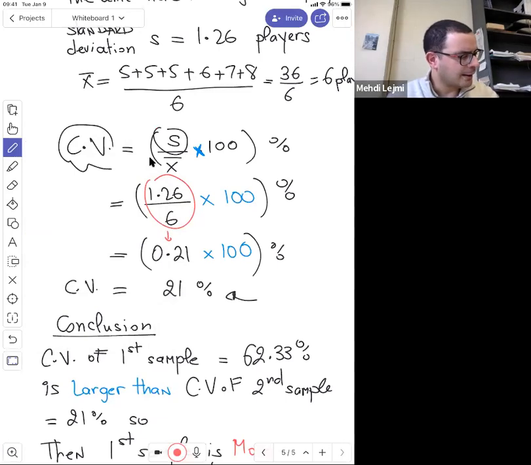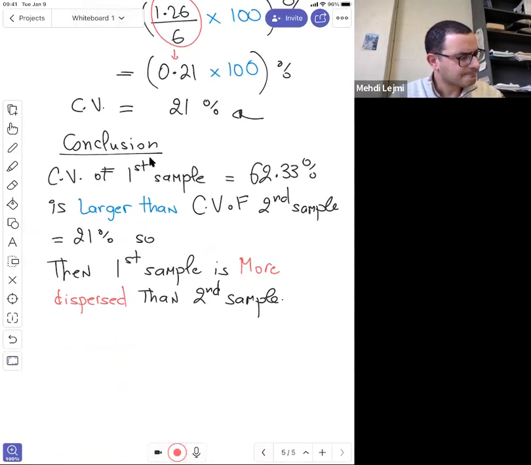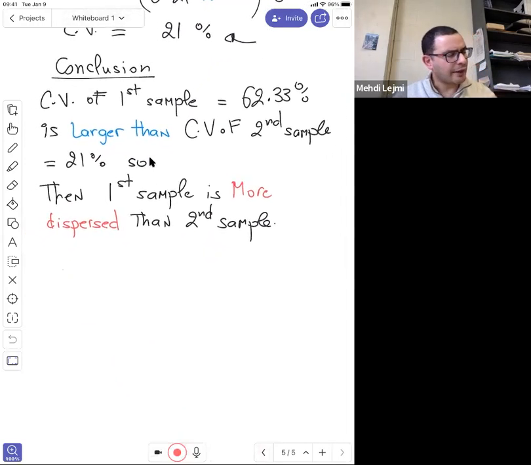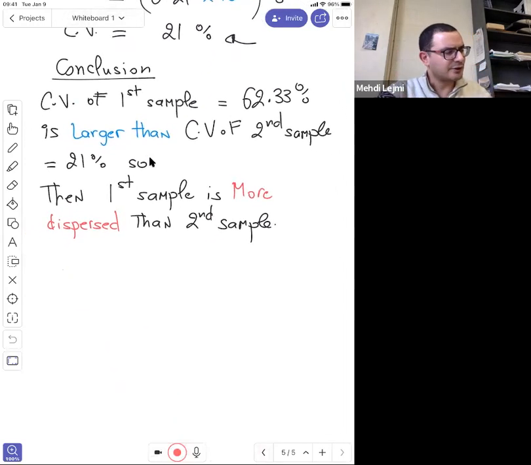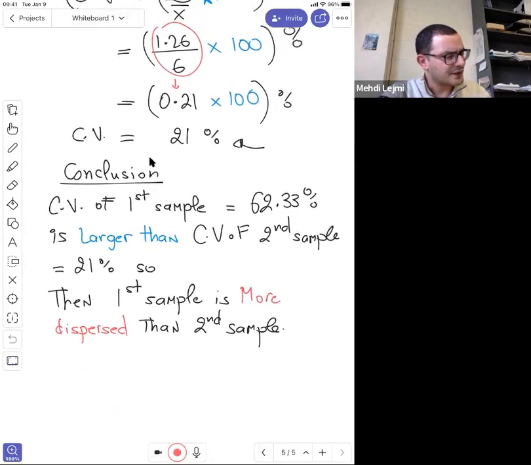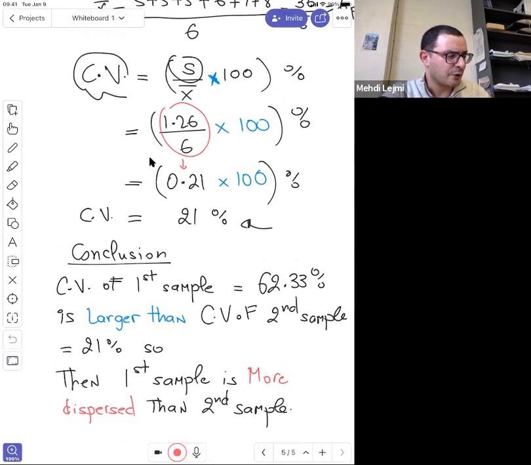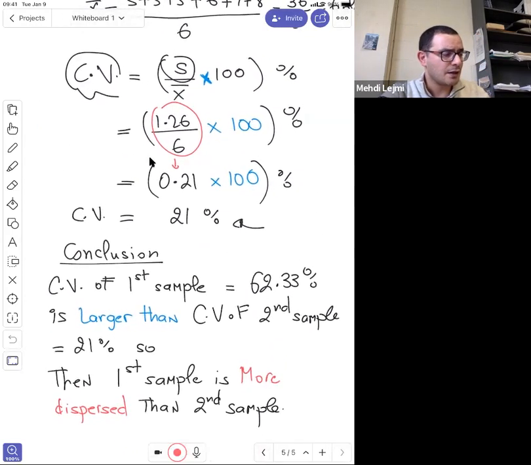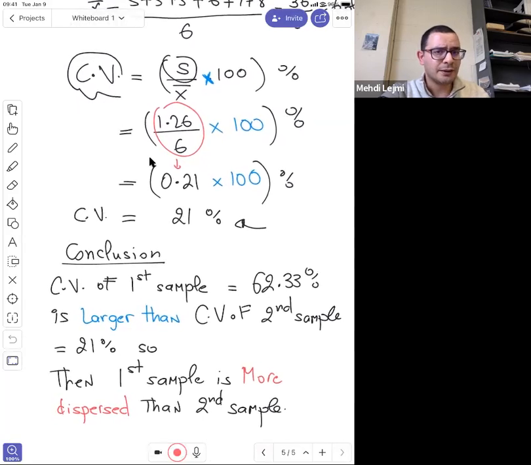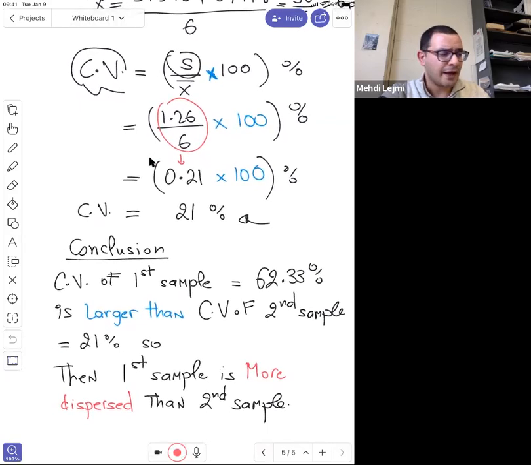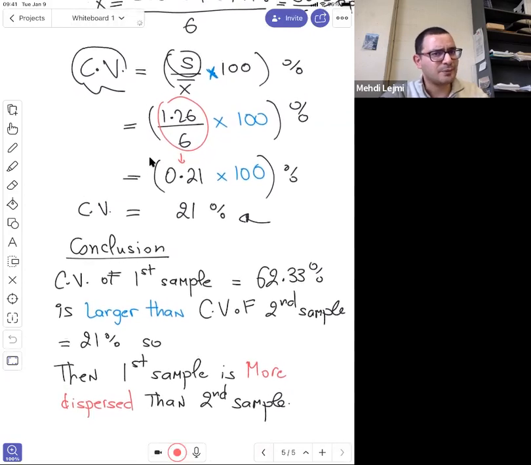All right, guys. I don't think we really need to do an exercise here, because once you know how to compute the standard deviation S and X bar, you just divide S by X bar and multiply by 100.